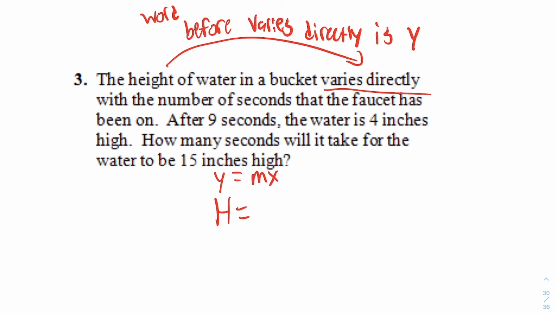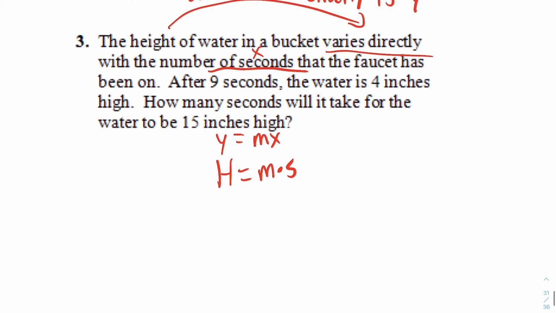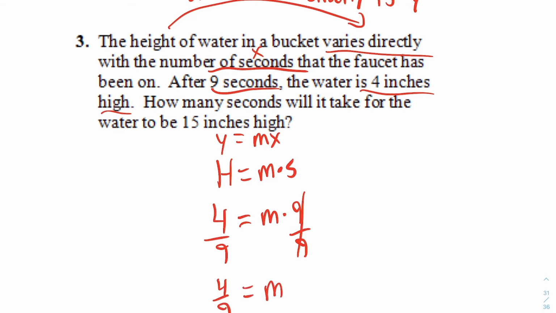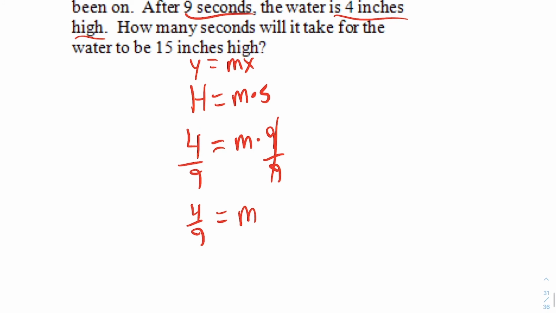And then whatever comes after is x, the number of seconds, m times seconds. In the first part, we have 9 seconds, so that's x, and 4 inches high, that's y. 4 equals m times 9. Let's divide by 9. M equals 4/9. Let's put that back into the formula. Y equals 4/9 x.